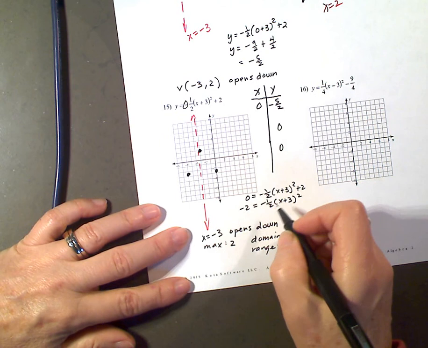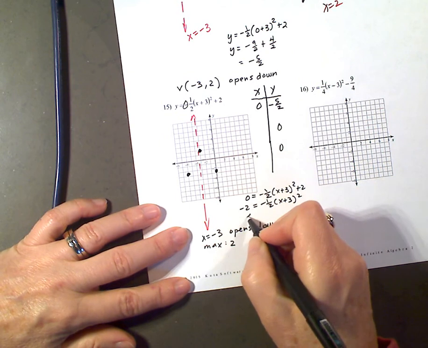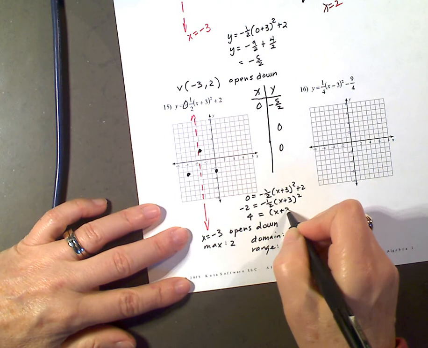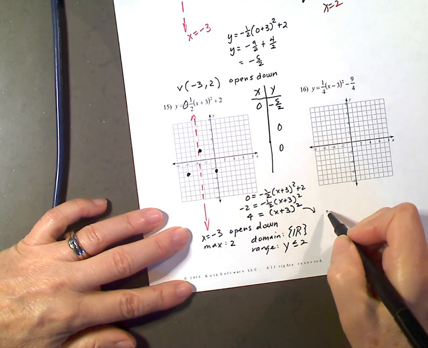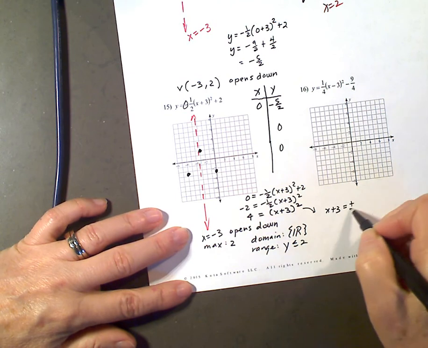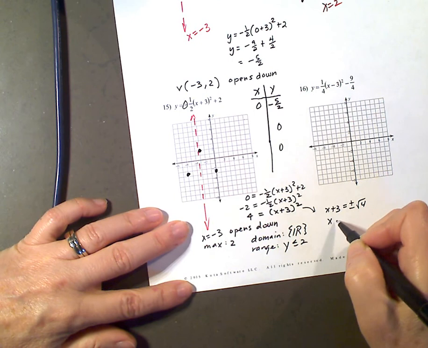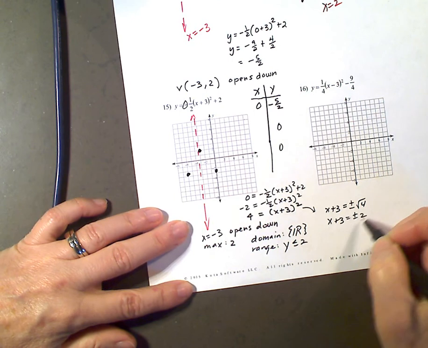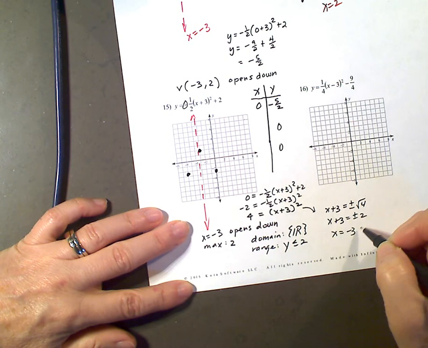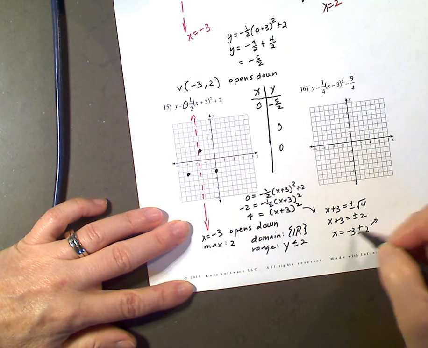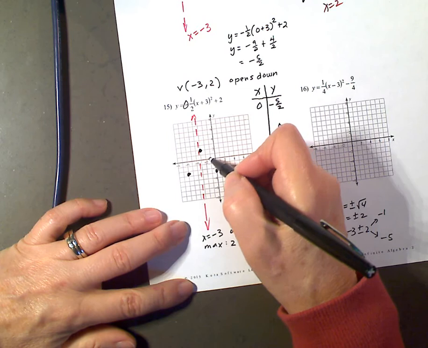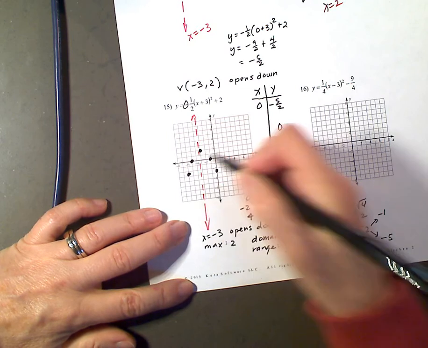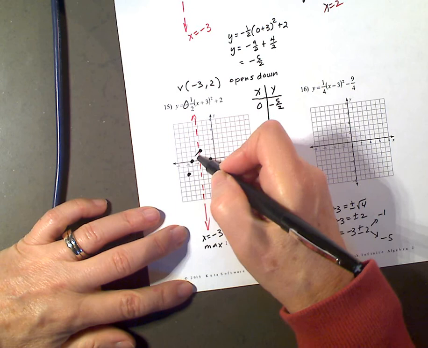Okay, so I'm going to get a +4 is equal to (x plus 3) quantity squared. So x plus 3 is equal to the positive or negative square root of 4. So x plus 3 is equal to positive or -2. So x equals -3 plus or minus 2. So rational roots again. So -3 plus 2 is -1, and -3 minus 2 is -5. So -1, and symmetrically across from it, -5, 0 are my roots.